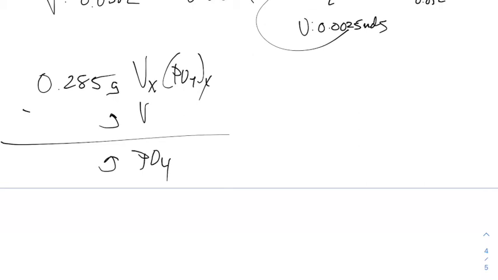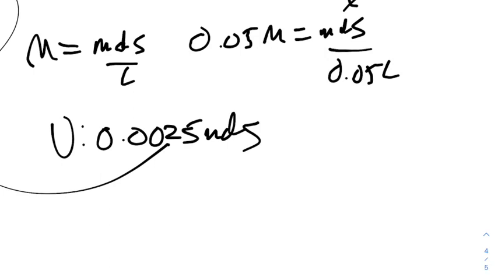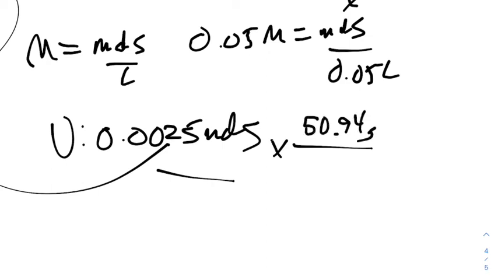So how do I get the grams of the vanadium? Well, you already know the moles of the vanadium. You just have to work it out. So you get on the periodic table, and you realize that vanadium has a mass of 50.94 grams per mole.